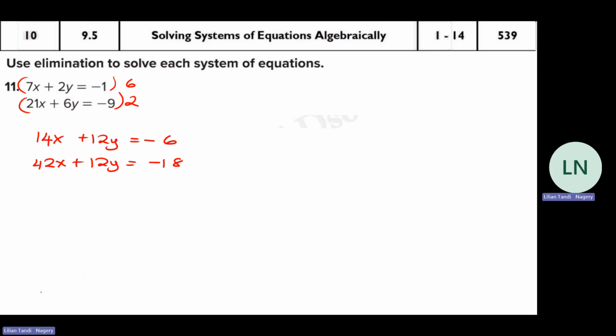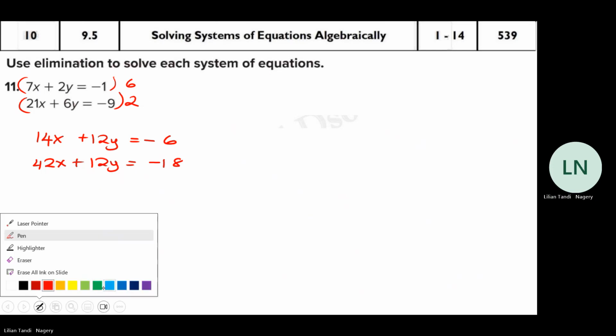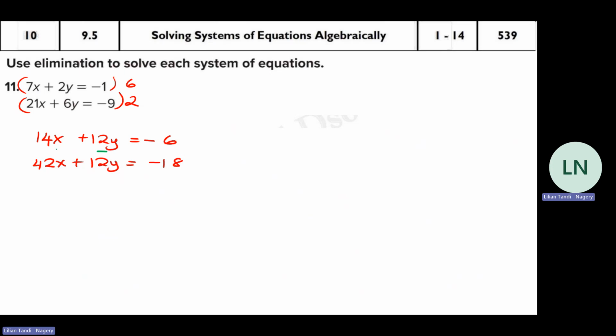I will minus my houses. So this becomes 0. 14 minus 42.